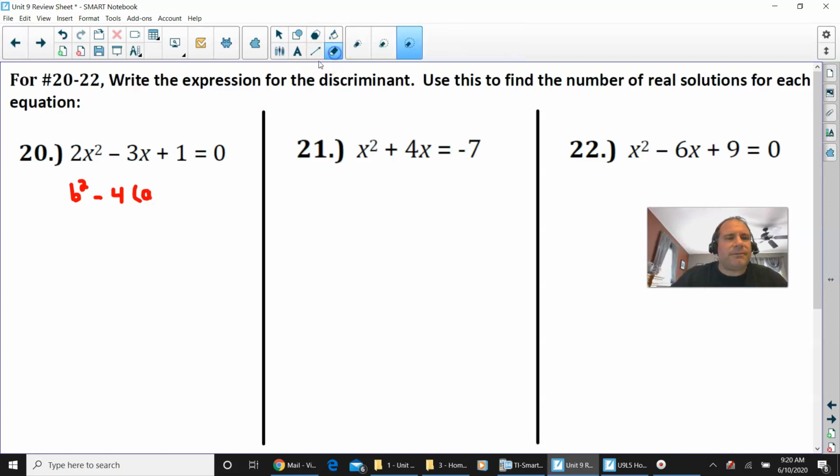Actually, you should put them in parentheses, but it's just 4 times a times c. All right, so if you use the b, the a, and the c, and it comes out to be a number that is greater than 0, think about it.